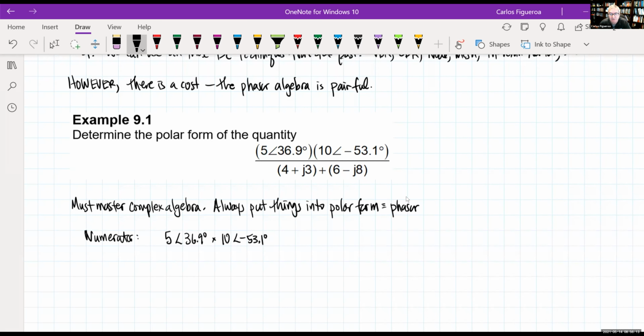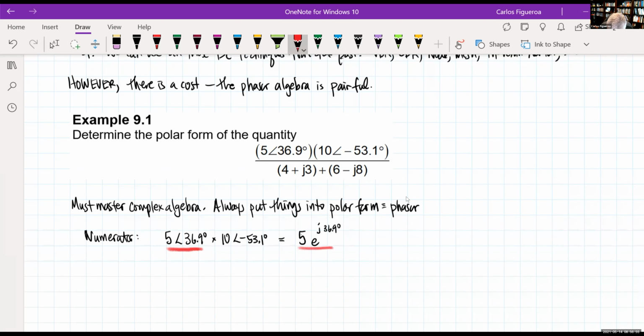Immediately we convert this into phasor form. Maybe I should do this in two steps just so I'm real clear. Let's focus on the first one: I convert that into polar form, so that's 5 e to the j 36.9 degrees.